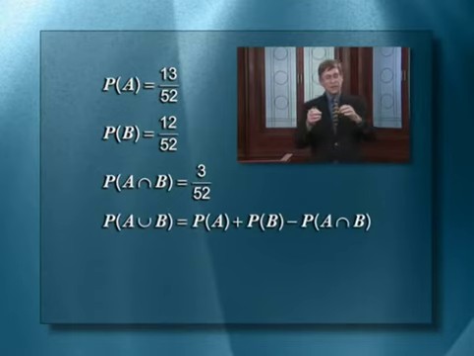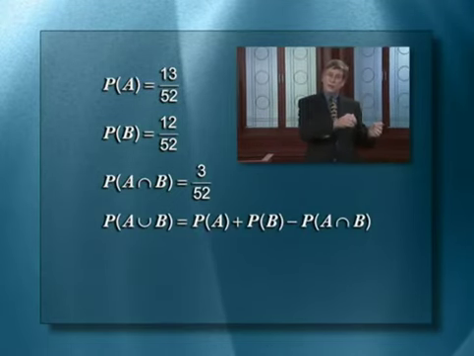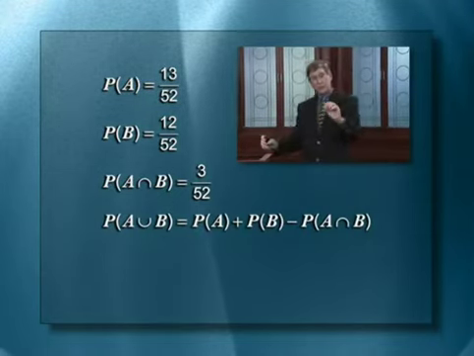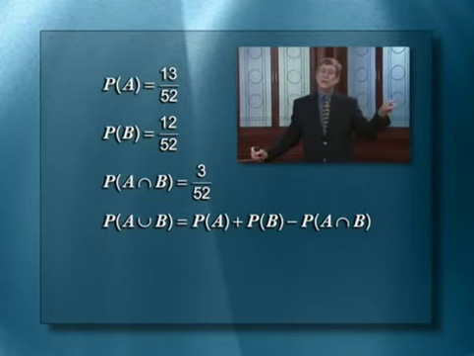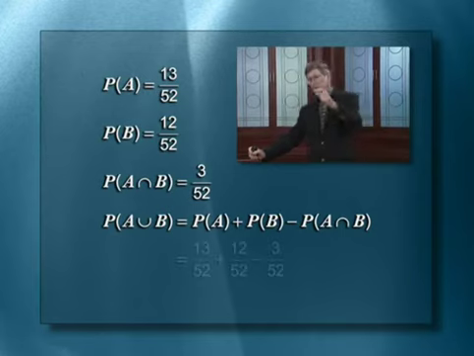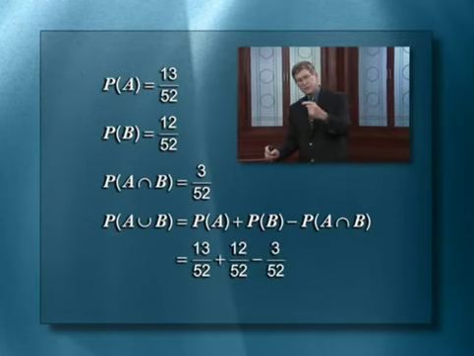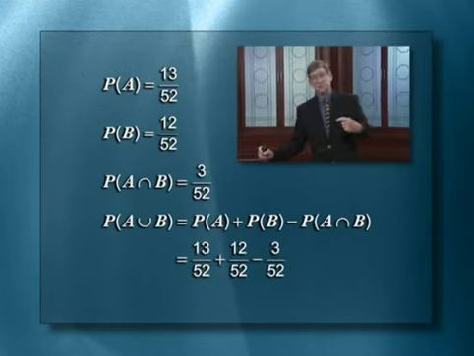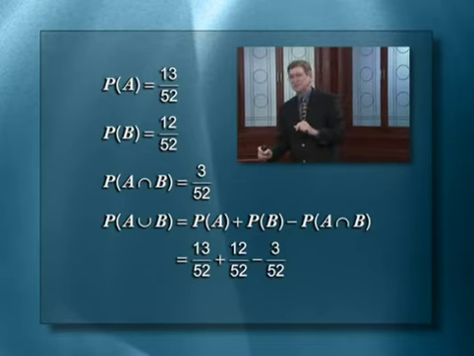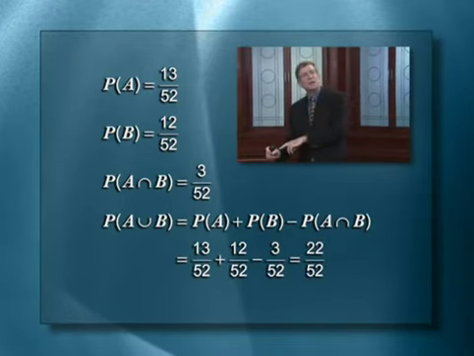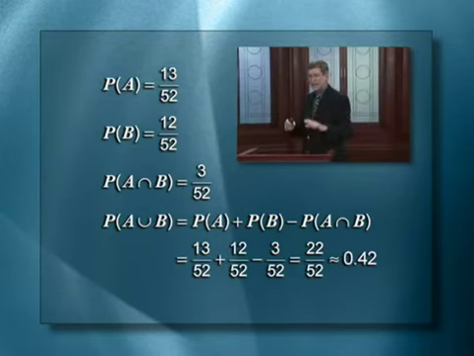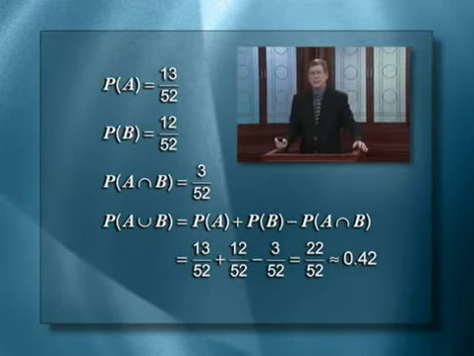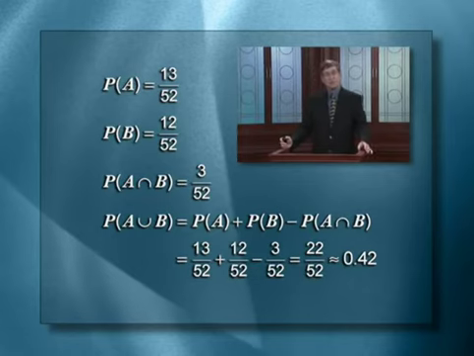So the probability of being a heart or a face card equals the probability of the first event plus the probability of the second event minus that overlap. So it's 13 over 52 plus 12 over 52 minus 3 over 52. That equals 22 over 52, which is about 0.42. That's your probability of getting a heart or a face card.